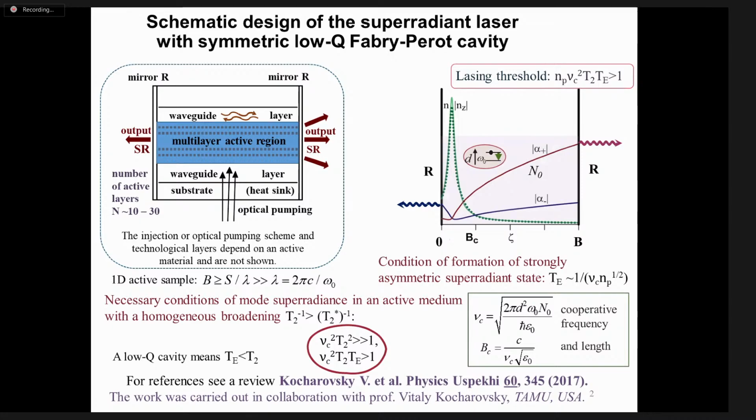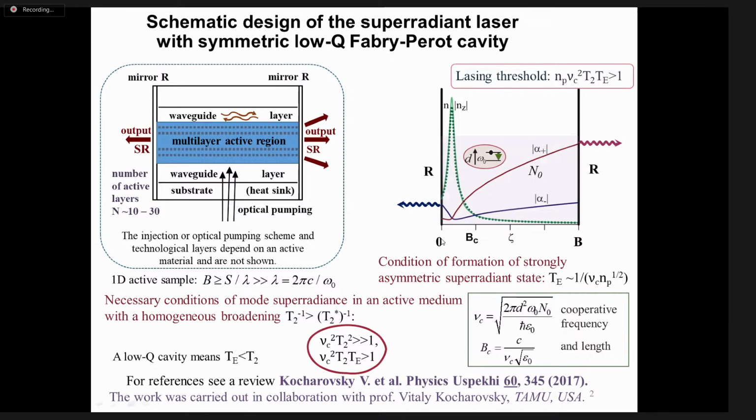And so the dynamics become different, and due to the half-wavelength population inversion gradient, this dynamic may become strongly asymmetric.